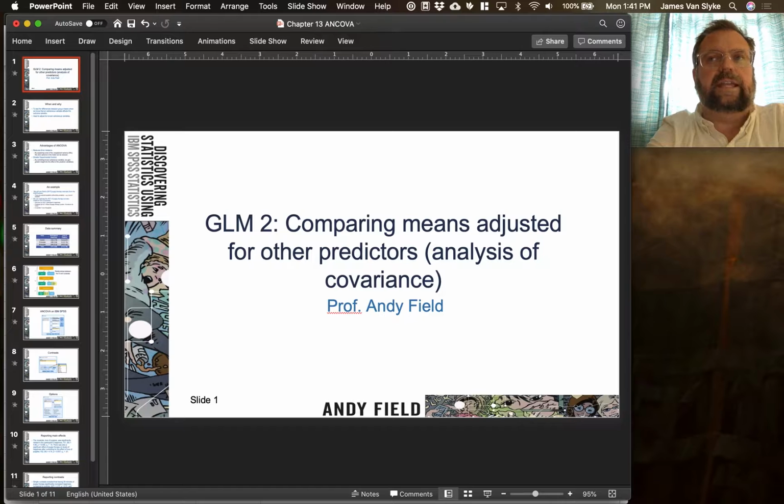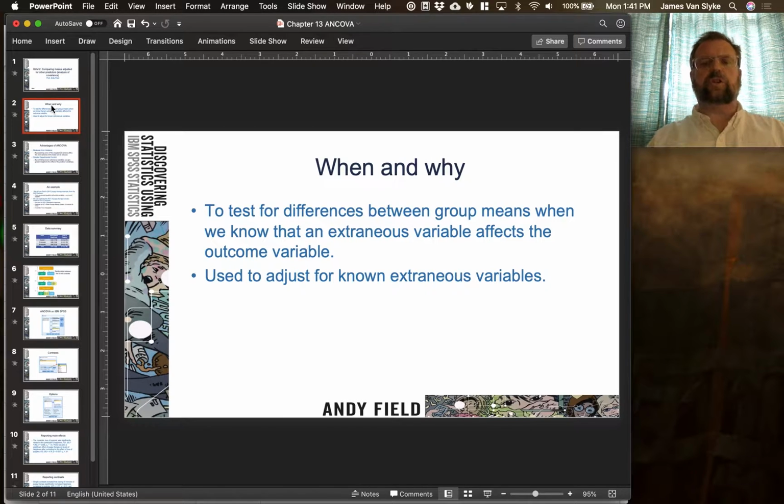So it's taking account of one variable to understand the relationship between an independent variable and a dependent variable better, or more accurately. So to test for differences between group means, when we know that an extraneous variable affects the outcome variable, we can use what's called an ANCOVA, or analysis of covariance.